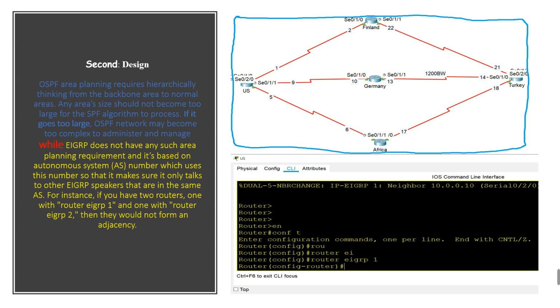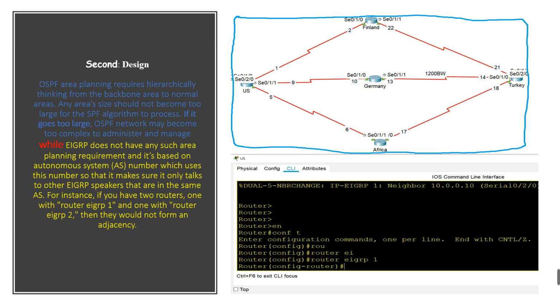The next phase of the differences is in the design. The design of these two routing protocols is totally different. OSPF is based on area planning and requires what they call a hierarchical design.